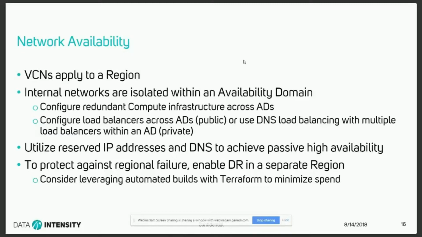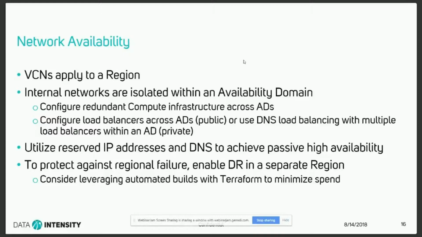And then to protect against any sort of regional failure, and you can think about this in terms of any sort of widespread power outage in the summer or an act of nature, a hurricane within a particular region, you can enable disaster recovery in a separate region. That's our recommendation from a disaster recovery perspective.